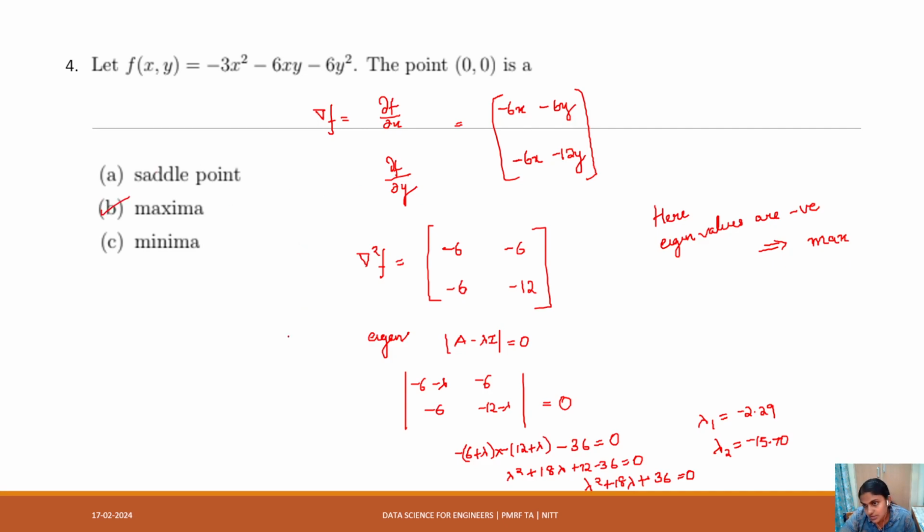If the eigenvalues are positive, then it implies that it is a minimum point. Now if the eigenvalues are a mix of positive and negative, then it's a saddle point.